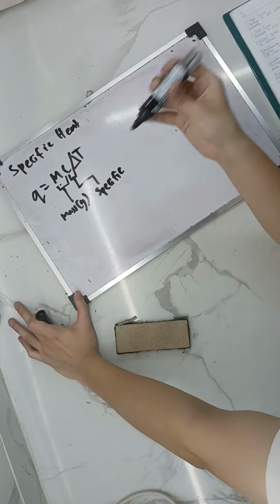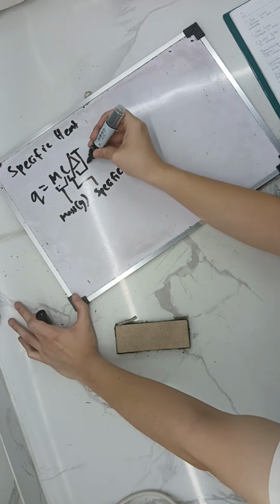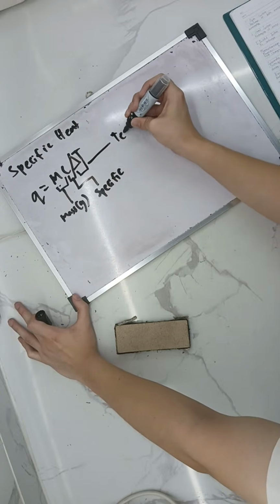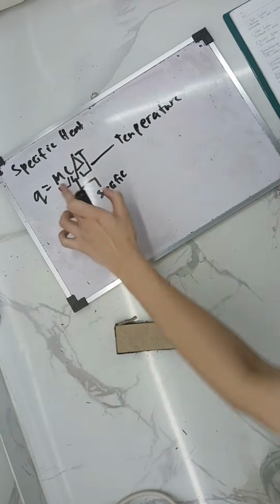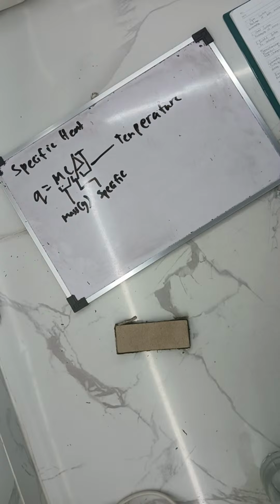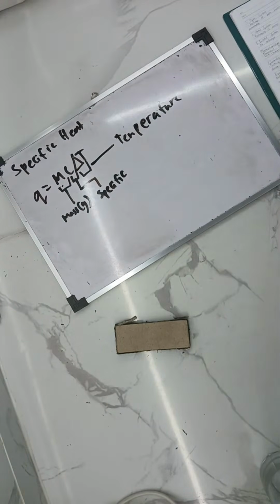And then the change in temperature. These are the only variables here. Again, we have the delta sign, which just means, if you're not given the value itself, the final temperature minus the initial.